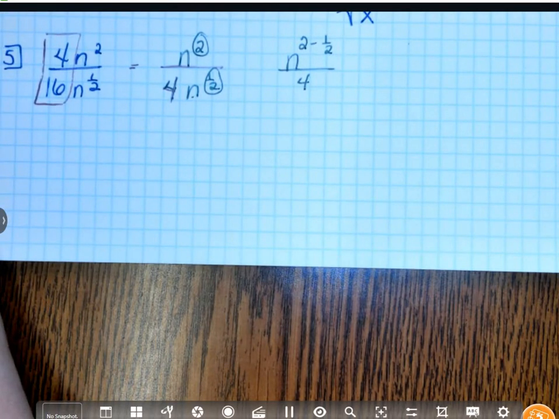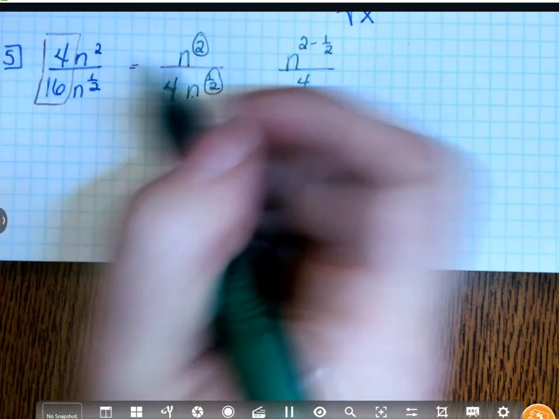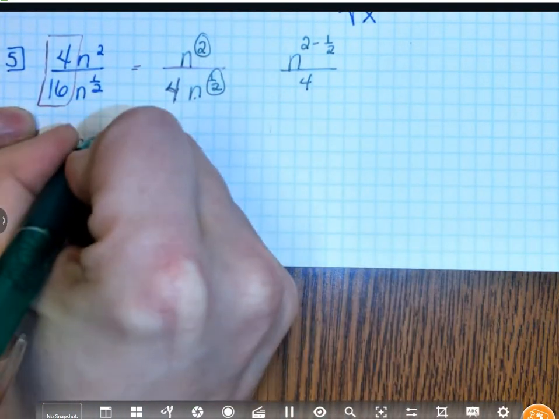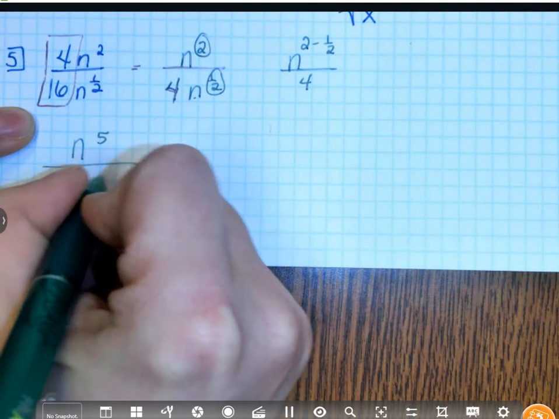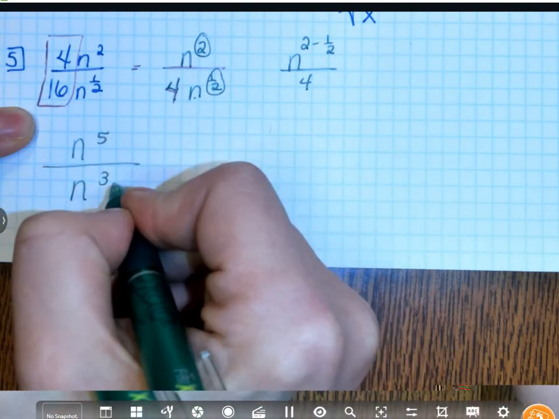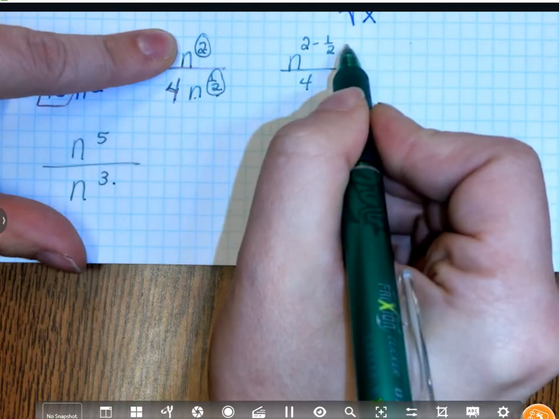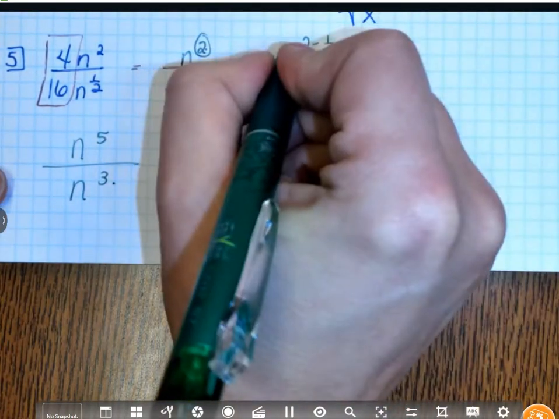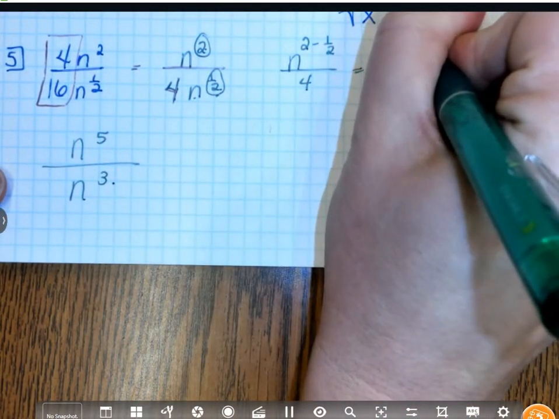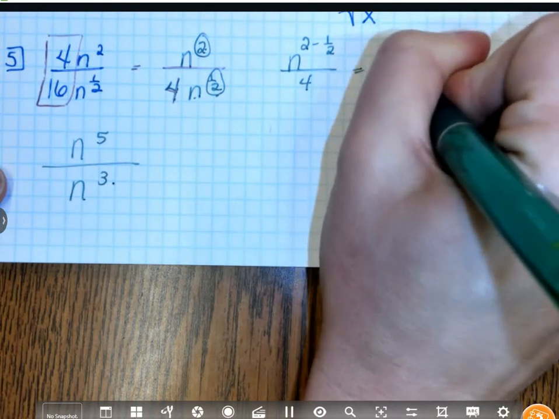So far, are you okay with what I've done there? It's not finished. If I had n to the 5th over n to the 3rd, you do 5 minus 3. This just happens to be a 2 and a 1/2. So I can do it this way. And 2 minus 1/2 is 3/2.